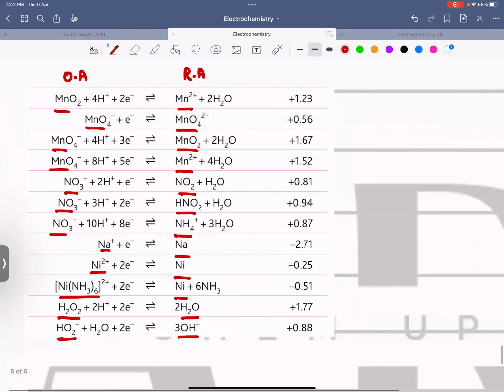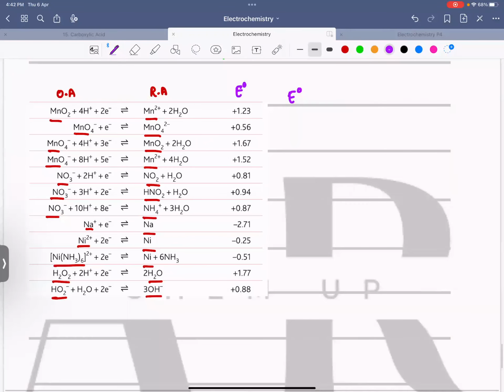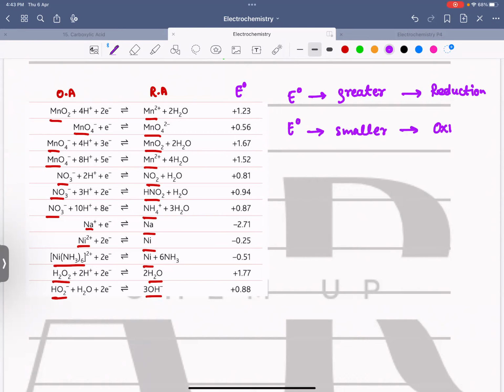Okay, now there are two more things that you need to remember. If the E naught value, that is over here, is greater, which reaction would most likely happen, reduction or oxidation? Reduction. So reduction would happen, and if E naught is smaller, then oxidation would happen.